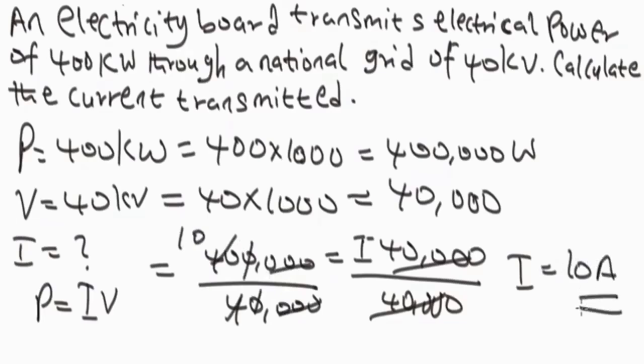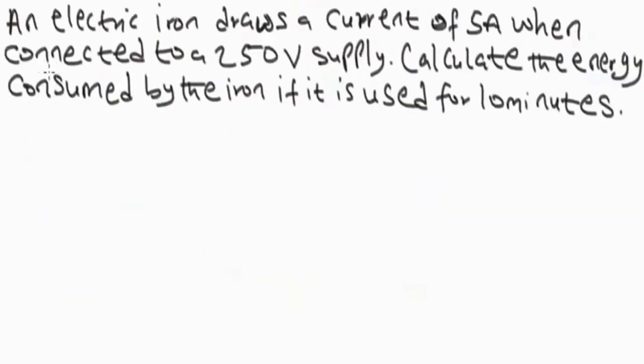Alright, so let's solve one more question before we call it a class. Let's wipe this. Okay, so let's look at this problem. It says an electric iron draws a current of 5 ampere when connected to a 250 volt supply. Calculate the energy consumed by the iron if it is used for 10 minutes.